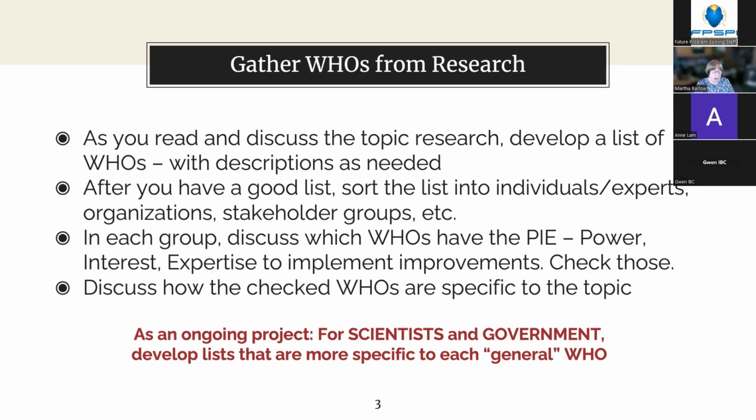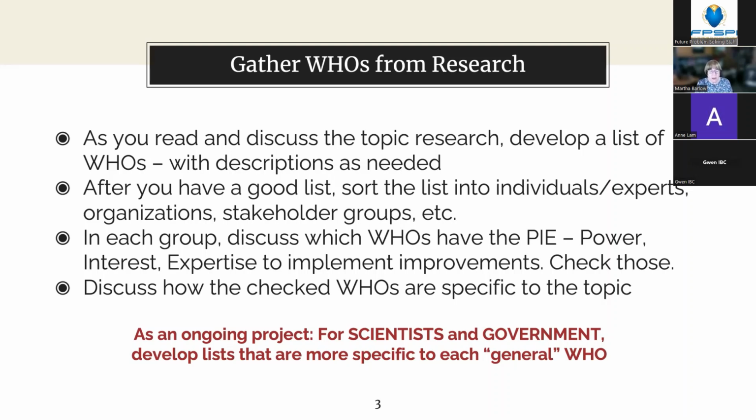Another ongoing project for students, and this might be especially for juniors and middles, but some seniors too, is keeping a list of scientists and then government. And for this topic, specifically, what type of scientists might be related to it, and what type of government levels or agencies might be related to it, because for me, that shows a little bit more level of understanding of the research.